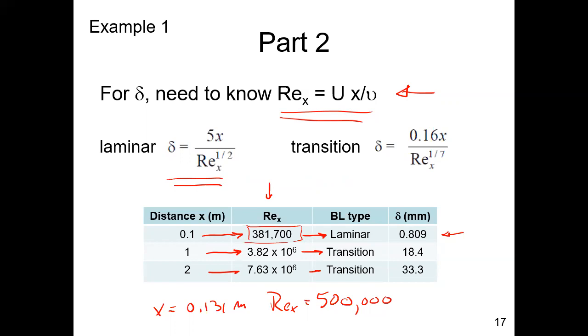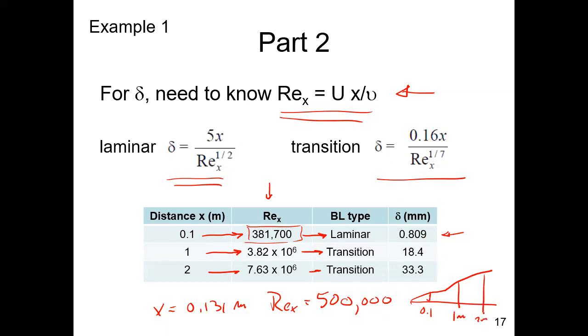For the boundary layer in the transition zone, delta is equal to 0.16x over Re_x to the 1/7 power. x is equal to 1 meter or 2 meters for the last two locations, and Re_x are the respective Reynolds numbers. And so what you see is obviously in this case, the boundary layer is growing from x equal to 0.1 meter to 1 meter to 2 meters.